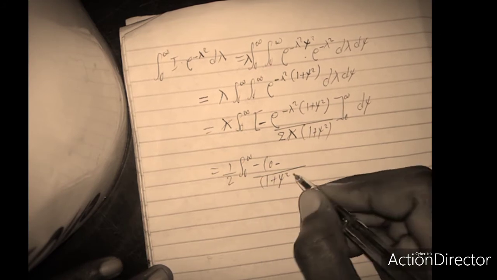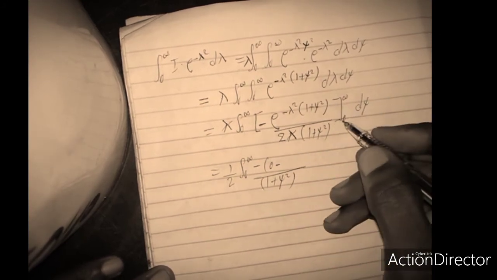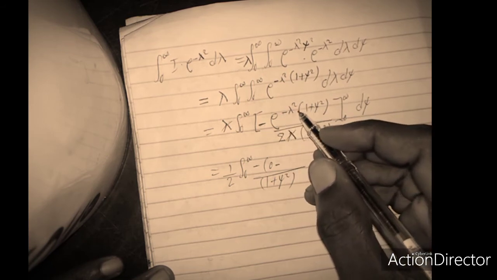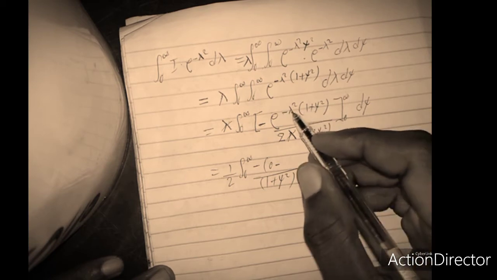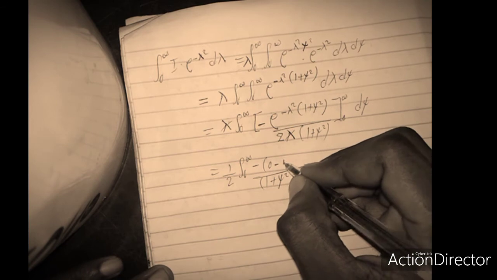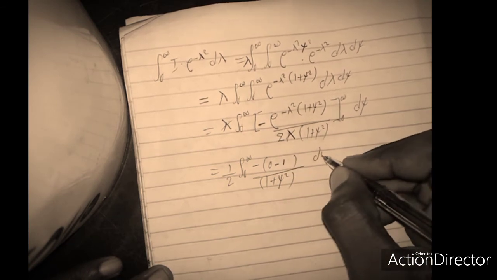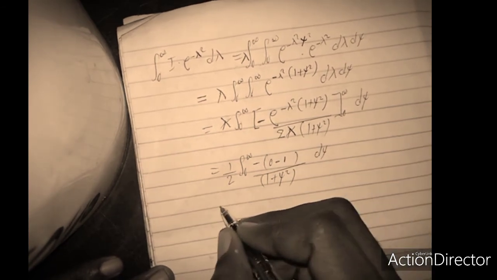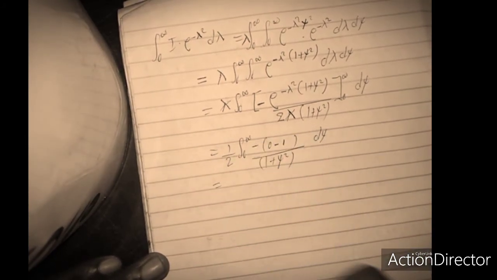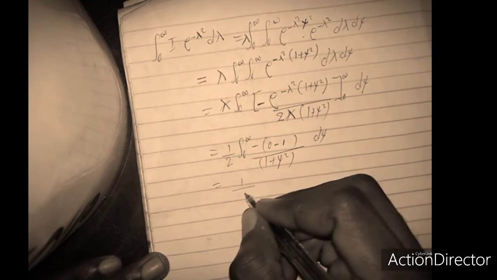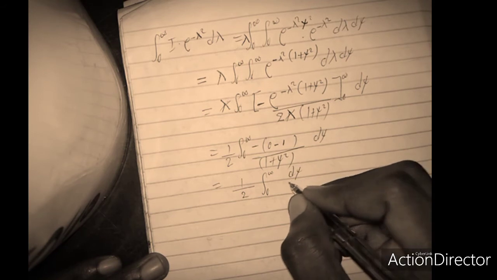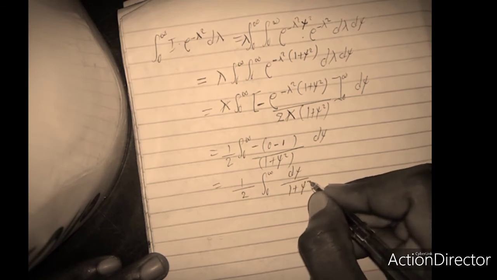Now when I put 0 in place of lambda here, I will get e raised to power 0, and anything raised to power 0 is 1. So here I have 1, then here I'll have the psi squared. If I open this bracket I will get 1. So this is 1 over 2 integral 0 to infinity d psi over 1 plus psi squared.